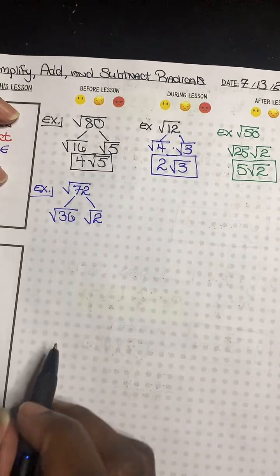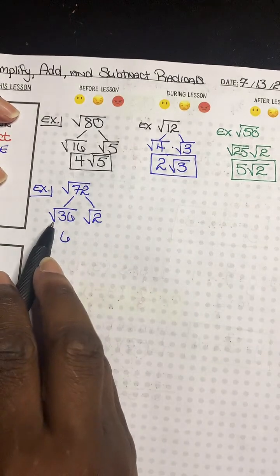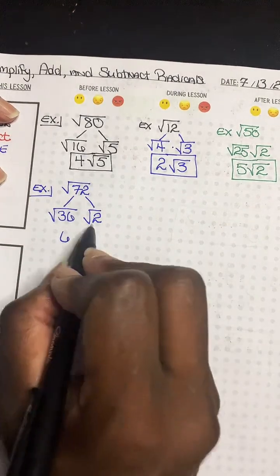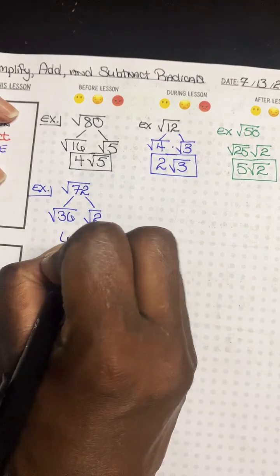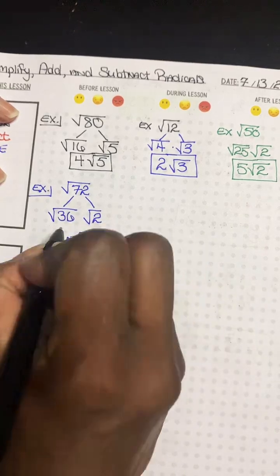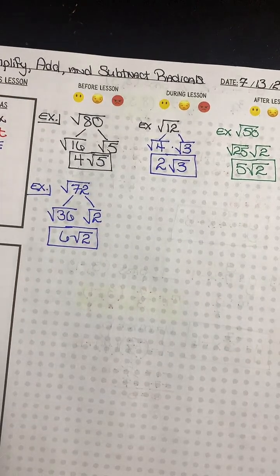Square root of 36 is perfect. It will give you a 6. That means it's no longer in that square root. But that square root of 2, that's prime. If I can't break it down, I'm bringing it down. And then you have your solution.